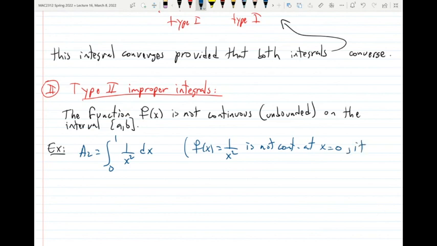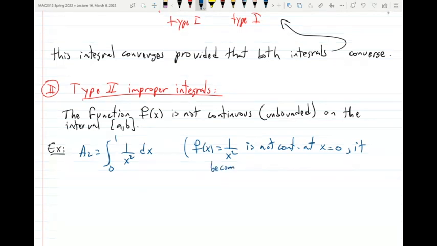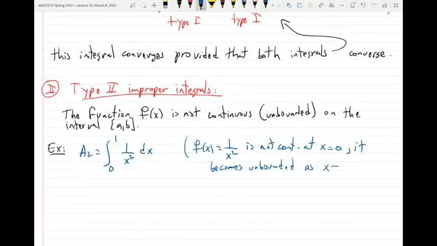When we get close to 0, it shoots to positive infinity. So it becomes unbounded as x approaches 0.